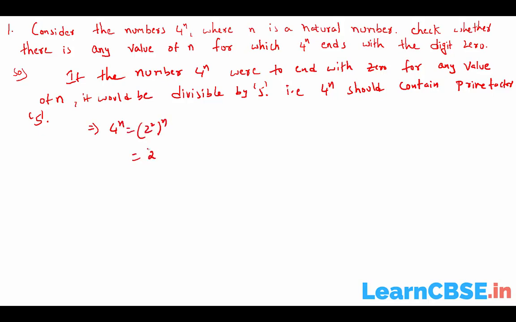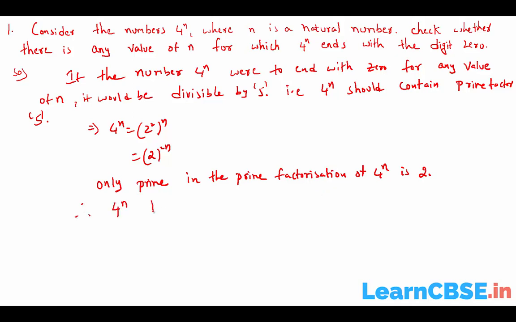That means 2 to the power of 2 power n. That means the only prime in the prime factorization of 4 power n is 2. Therefore 4 power n does not end with 0 for any value of n.